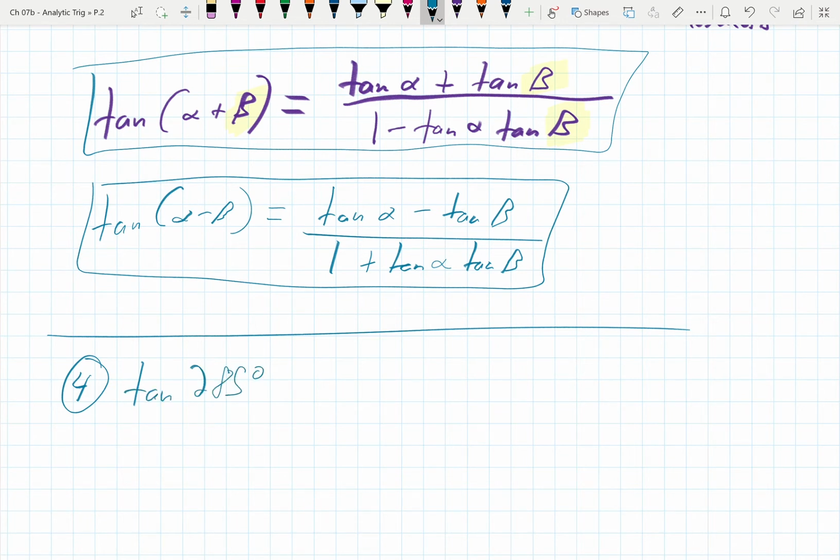The tangent of 285 degrees. I think it's easier to do a sum, and I think it's easy to subtract 45.